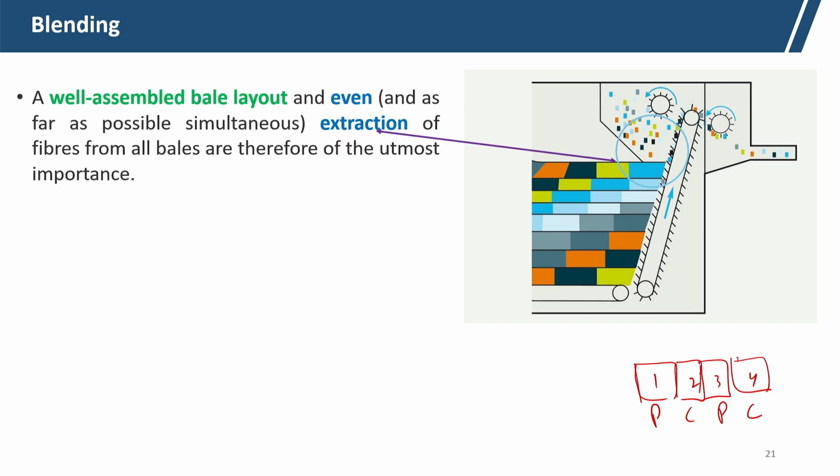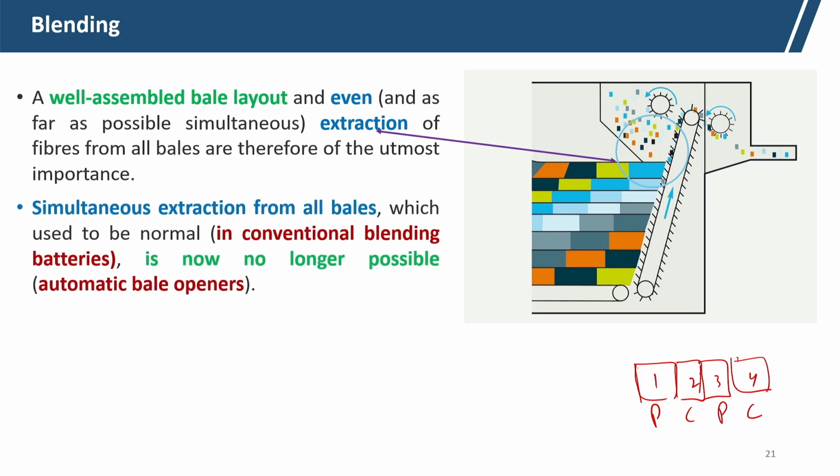Now, we can see that the fiber will be evenly extracted from these bales. So, simultaneous extraction from all bales is taking place, which used to be normal in the conventional process.